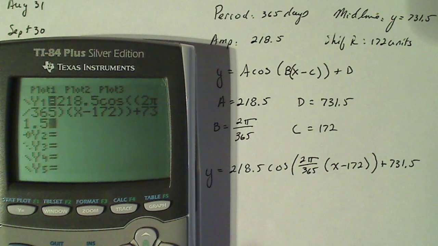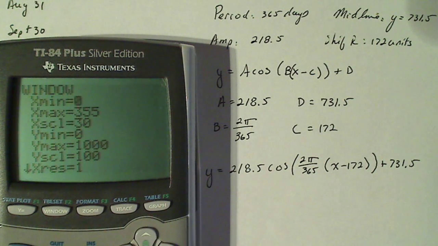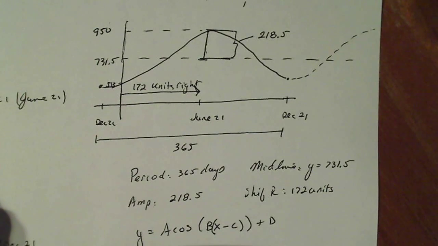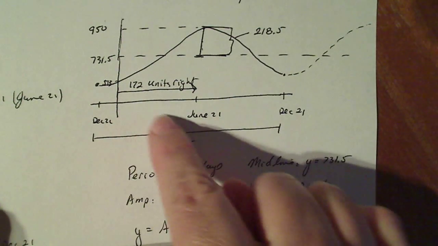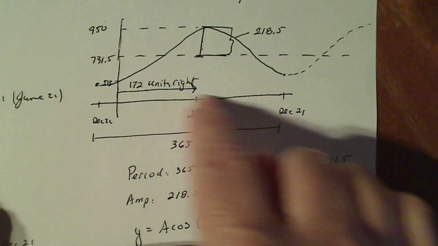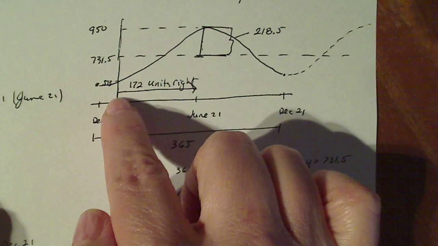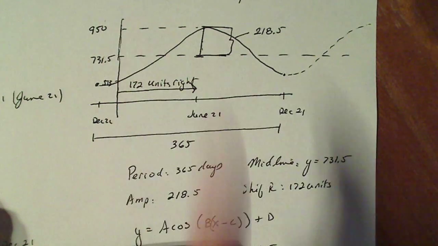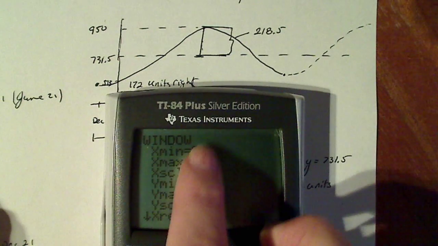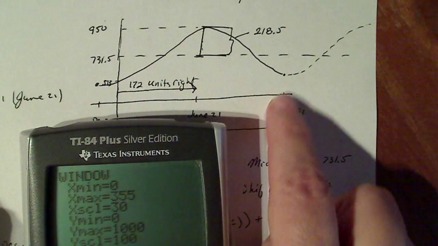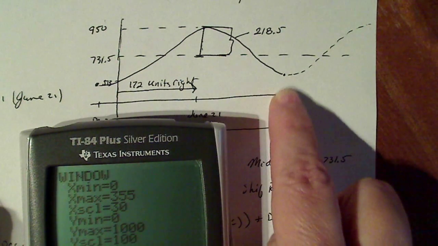Now I'm going to go to my window, and I'm going to think about this picture that I drew up here. It looks like I need at least 365 days to get all the way to the end of the year, and I need to go from 0 to at least 950 on the y-axis. So I'm going to do x from 0 to 355, so I end at December 1st right here.